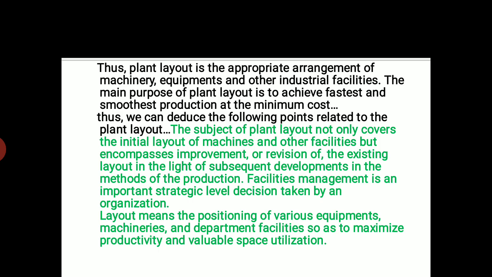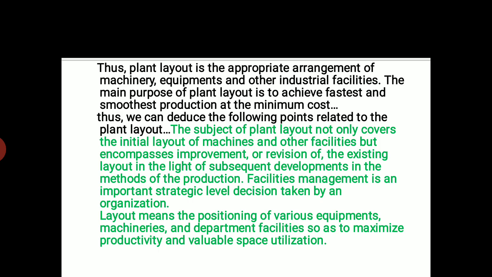If we just want to revise what is plant layout, then we can say that it is appropriate arrangement of what? It means appropriate designing or internal structuring of machinery, equipments, and all the other industrial facilities. And the main purpose behind having a good layout is that we may achieve the fastest and the smoothest production even at the minimum cost.